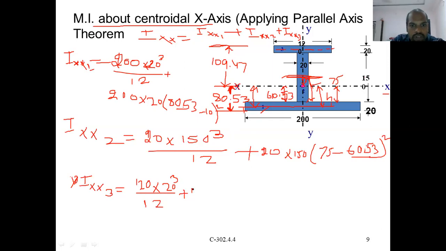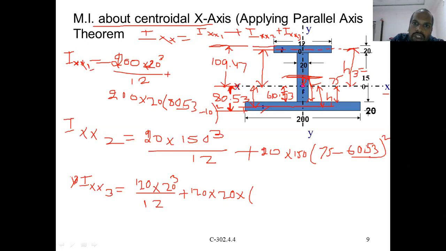Area is again 120 into 20. Calculate the H. H is the centroidal distance from here to this point. This is nothing but H3. How to calculate the H3? From here to here we know it is 107.47. Up to the top of this one is 107.47, but we need up to the center of this one.